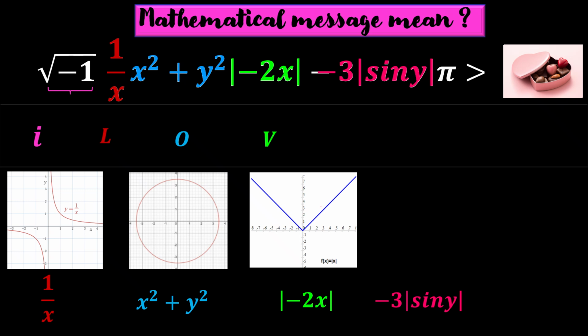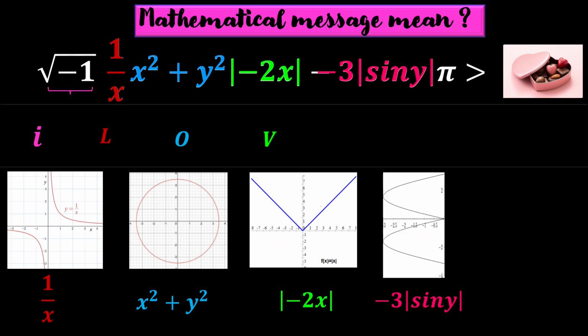If we now talk about the multiplication by minus 3, it takes the positive values from the absolute value function and makes them negative. So we end up with a graph like this one. So the function minus 3 times the absolute value of sine y will thus oscillate between minus 3 and 0. So this gives us an E shape.